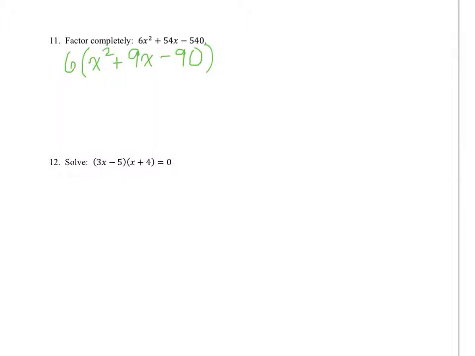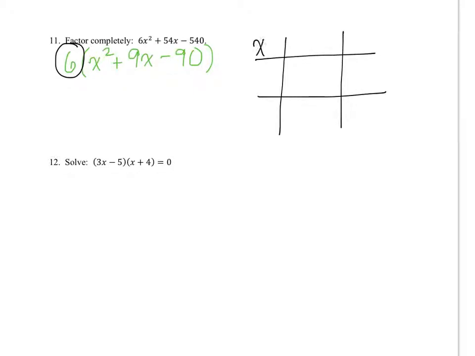If you want to use tic-tac-toe with this, keep your 6, all right? And let's go ahead, and we know that we've got x squared minus 90. This would be a negative 90 at the bottom. Our factors were a negative 6x and a positive 15x.